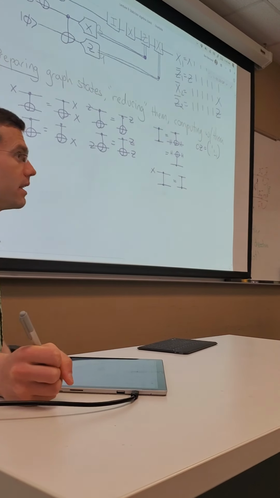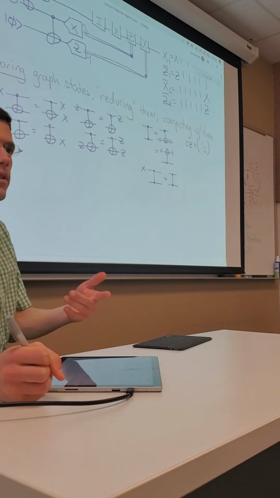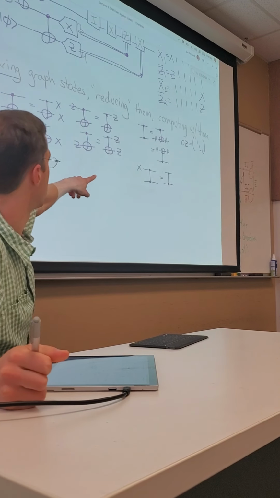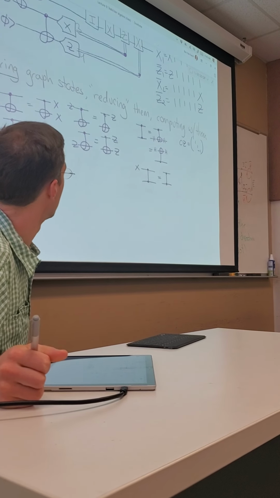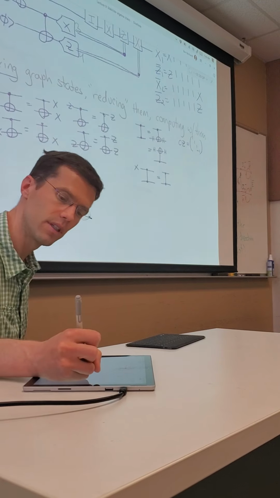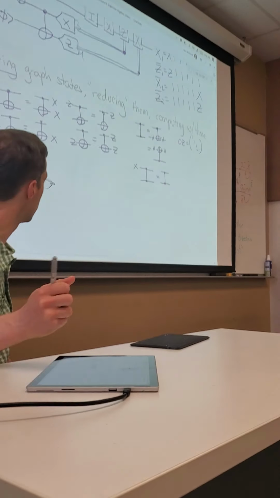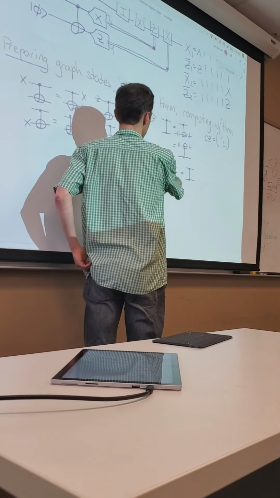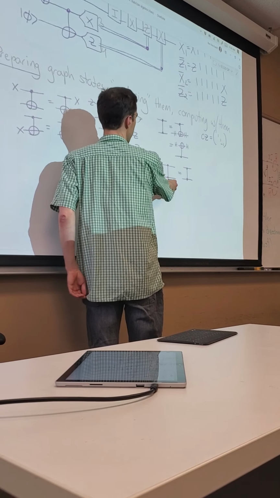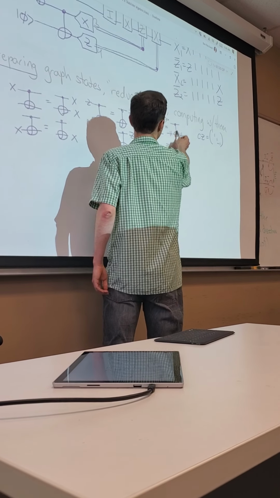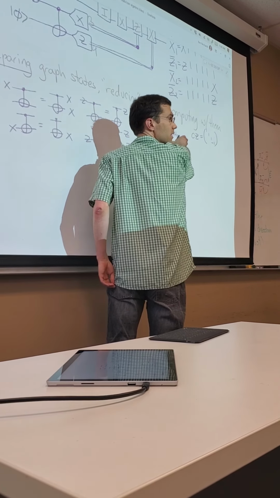The controlled Z gate squares to the identity, just like controlled NOT. So I can just write the conjugation like this. If I had a CNOT gate, this X would become XX. And then the Hadamards are changing it into a Z.